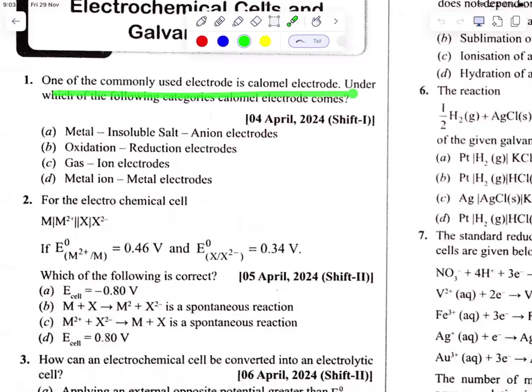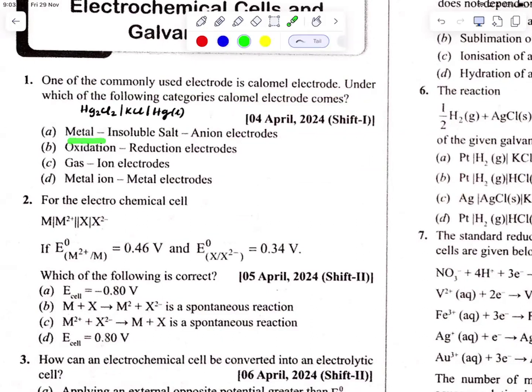One of the commonly used electrodes is the calomel electrode. Under which of the following categories does the calomel electrode come? I told you that the calomel electrode has Hg2Cl2, correct, which is combined with KCl to reduce itself into Hg. So what do we call it?